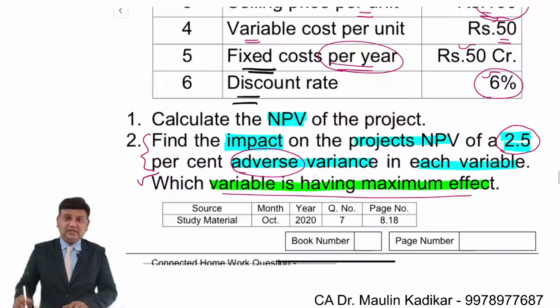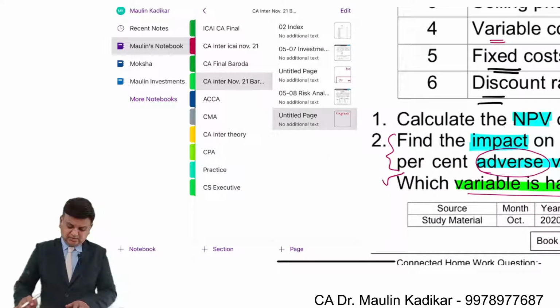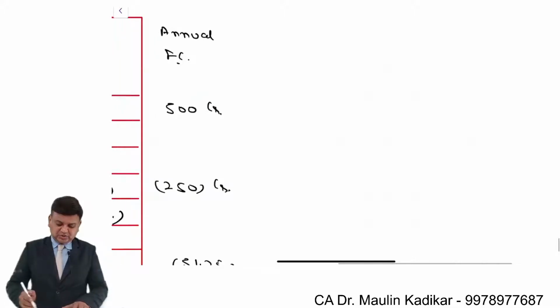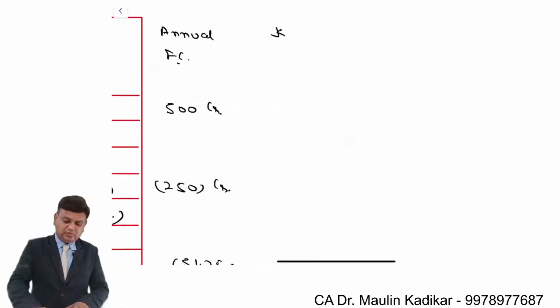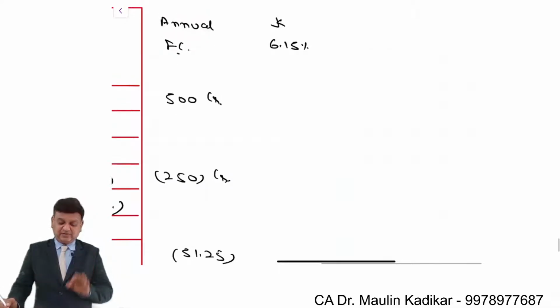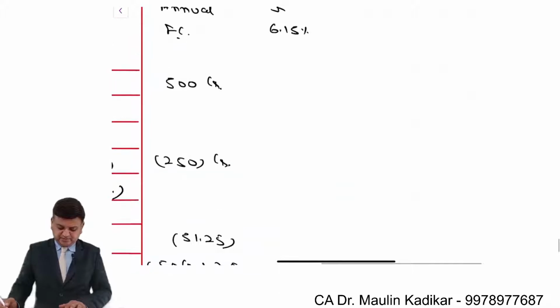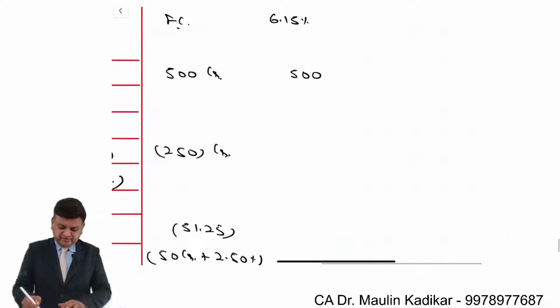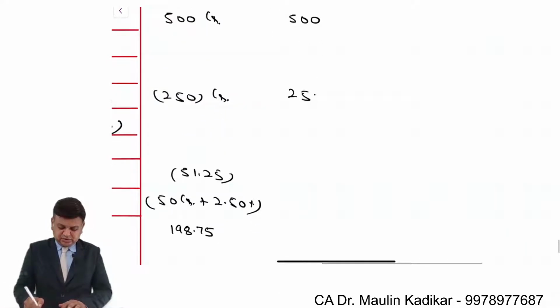Afterwards, the discounting rate increases. So the cost of capital 6 plus 2.5%. So the discounting rate will be taken as 6.15%. Because 2.5% adverse, that we have to keep it constant. So this is 500 crore. This is 250 crore.